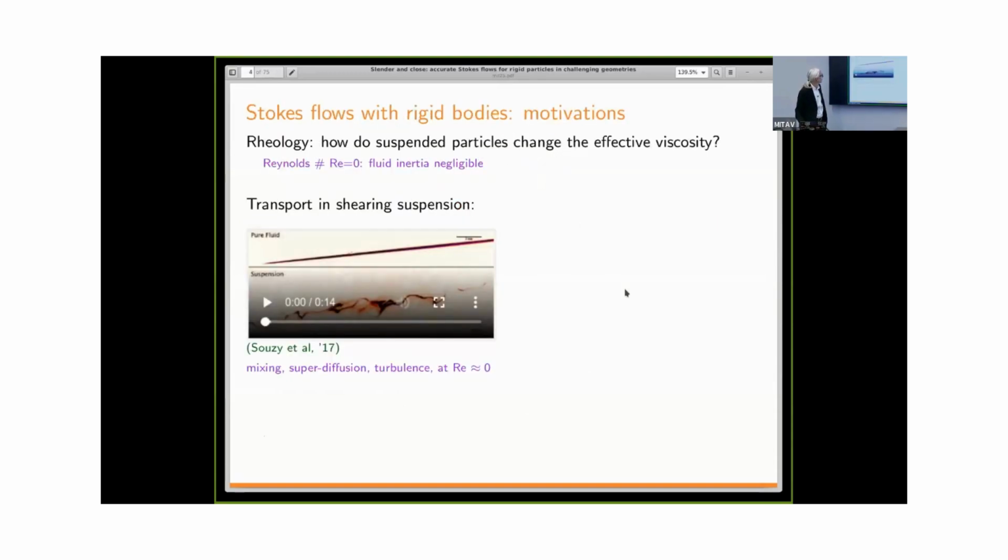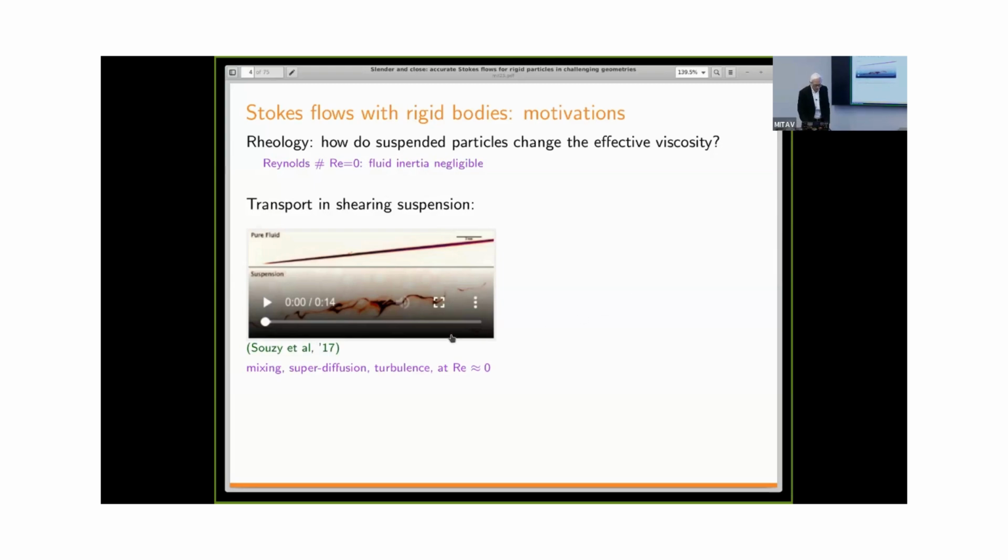Okay, so what are we talking about today? The motivations are studying things like rheology, which is the behavior of a viscous fluid, except what happens if you throw in a whole bunch of solid particles into that fluid? How does that change the viscosity? And when you're dealing with viscous fluids, the inertia of the fluid is negligible, and that's called the 0 Reynolds number limit.